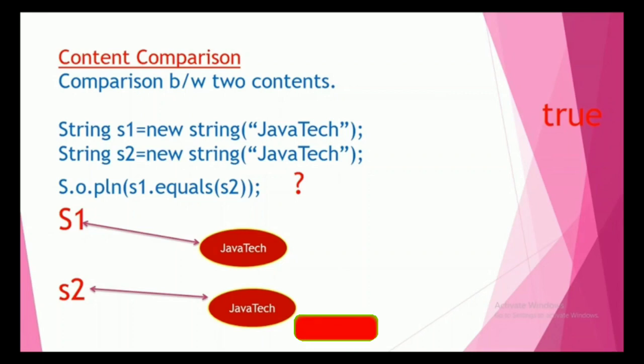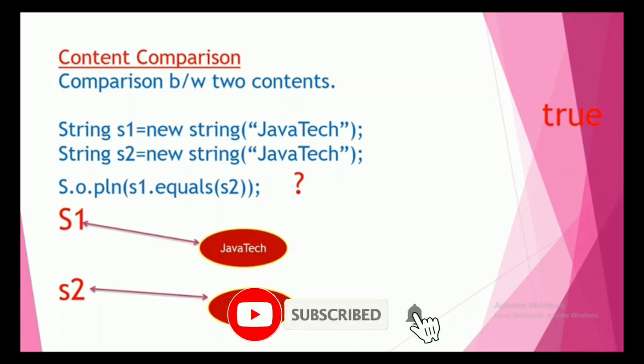Coming to content comparison. It is the comparison between two contents. Here in this example we are not comparing hash codes. We are comparing only the content in the object. I have two string objects here, S1 and S2. In S1 I am writing JavaTech and in S2 also I am writing JavaTech. Here the content is the same in two different string objects.